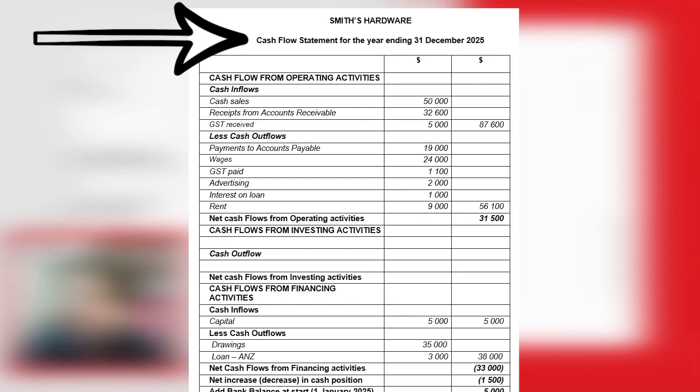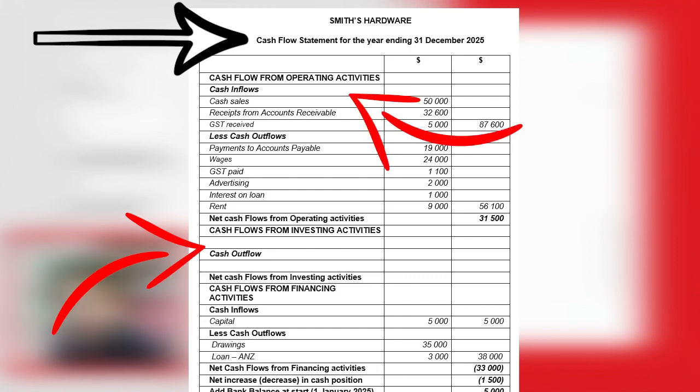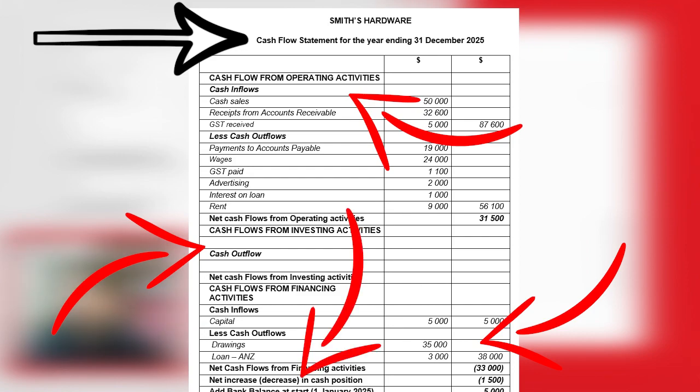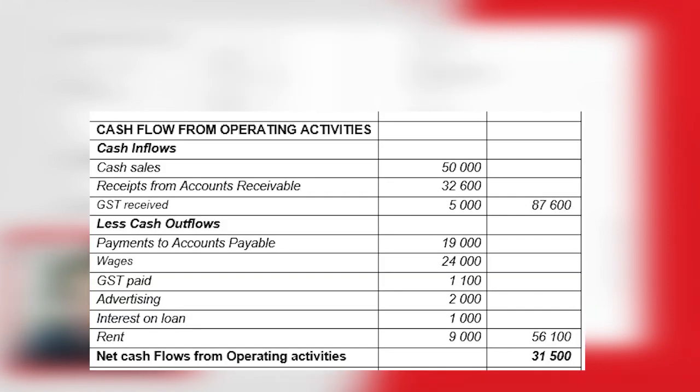But the first thing is the cash flow statement is divided up into three separate areas: the operating activities, the investing activities, and the financing activities. So those three subsets and a little summary at the end. Operating activities is your business's day-to-day items.